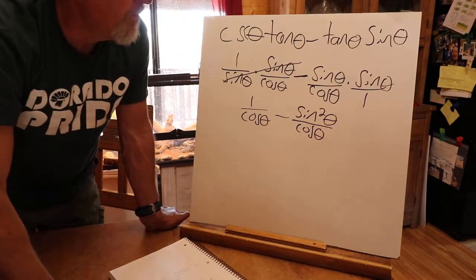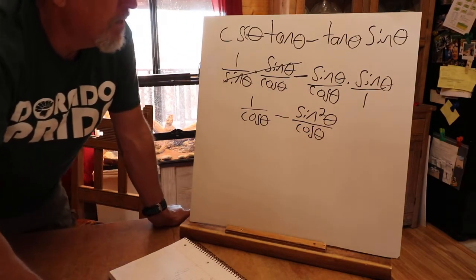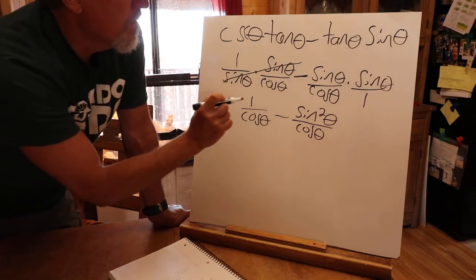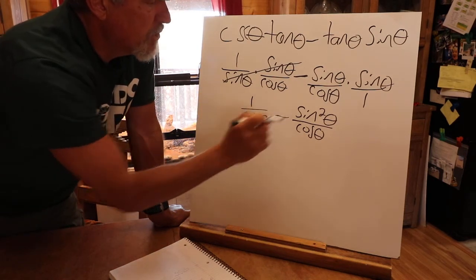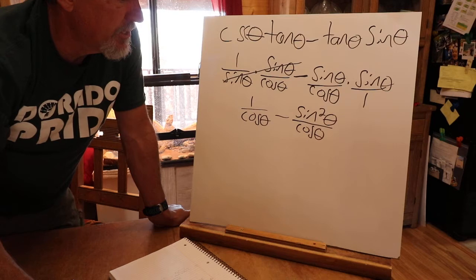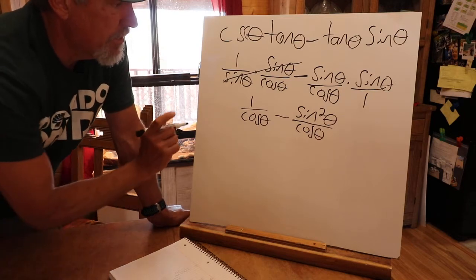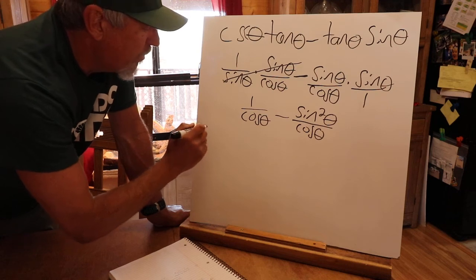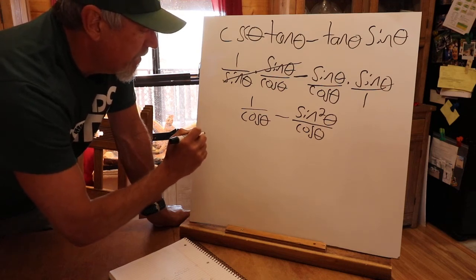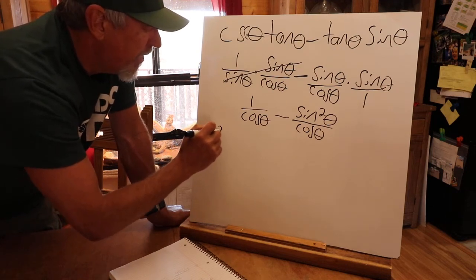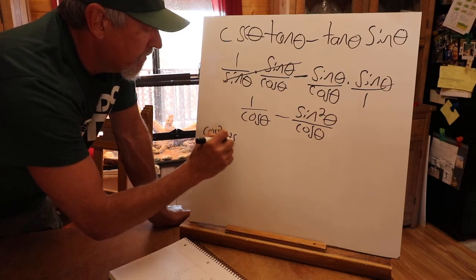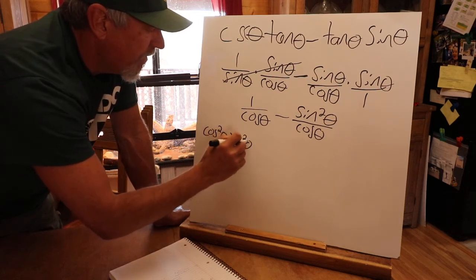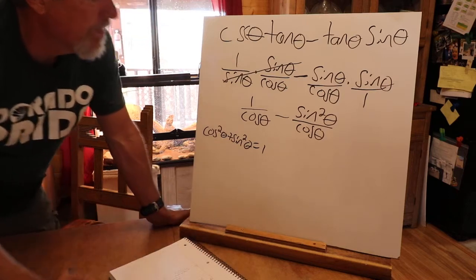Okay, now here's the part that might be a little bit tricky for you, but this happens a lot. 1 minus sine squared is one of our identities. If you take the identity on your identity sheet, you have one that goes like this. It's cosine squared of theta plus sine squared of theta equals 1.